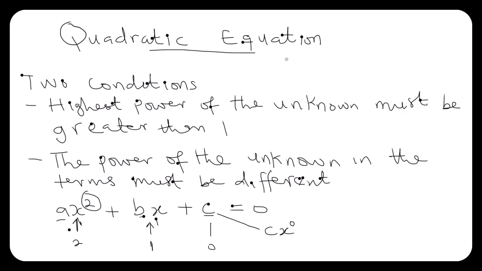Two, the powers of the unknown in the terms must be different. They must have different powers in different terms. So look at this, we have ax squared plus bx plus c equals 0. The powers of x, which is the unknown here, are different, and the highest power of the unknown is greater than 1.